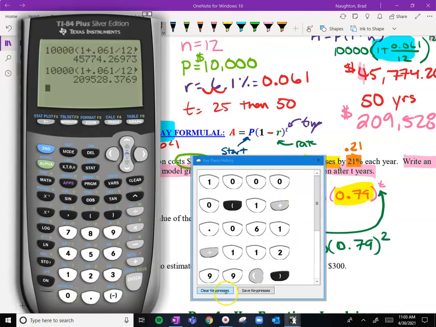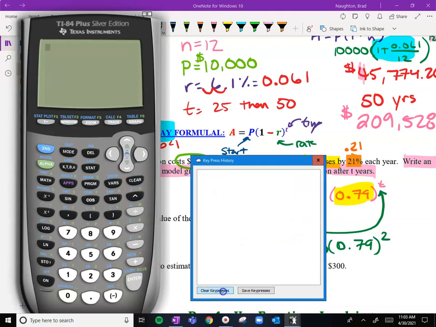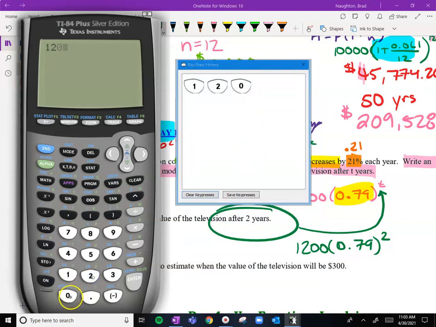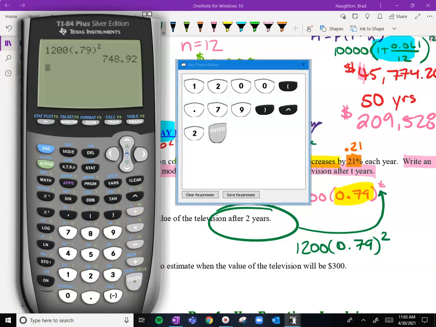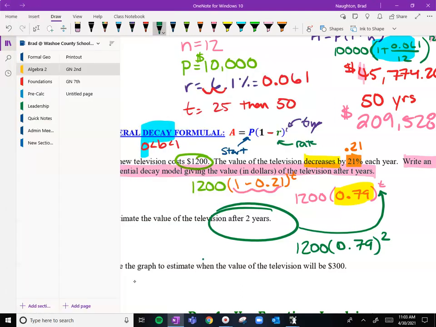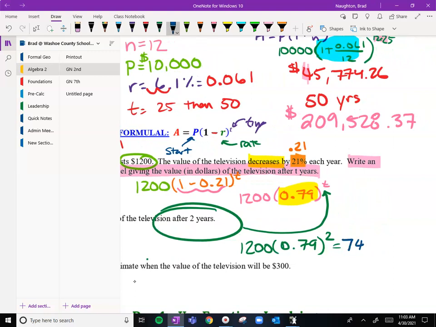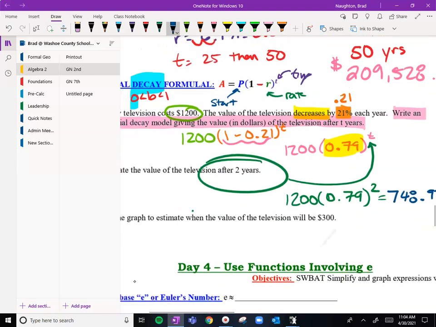So we'll get our calculator back out, clear away what we had, move this up so we can see: 1,200, 0.79, exponent 2. So it is $748.92.